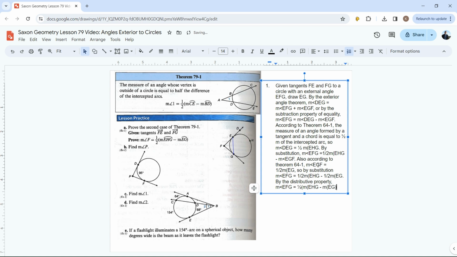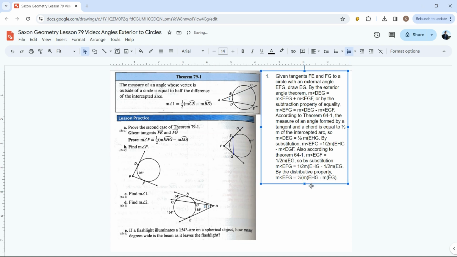And that is what I was trying to prove. I needed to prove that 1/2 the measure of angle F, which is the same as EFG, the middle one is the one that matters, is equal to 1/2 the measure of arc EHG minus the measure of arc EG. I have completed my proof. We're ready to move on to some of the actual problems from this lesson.